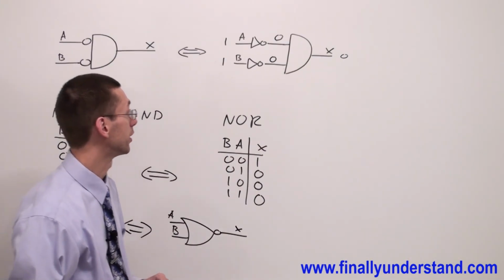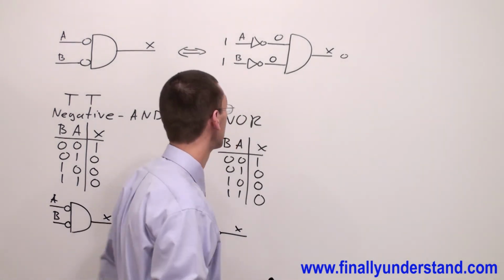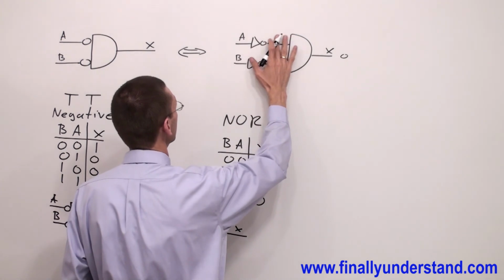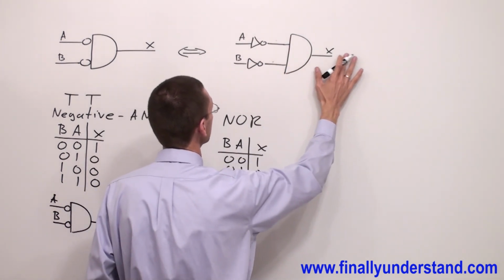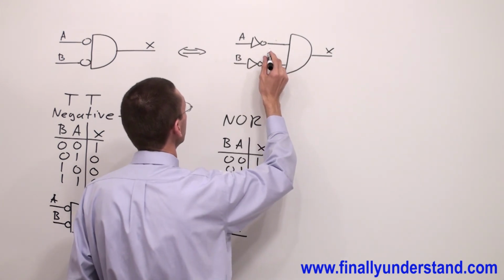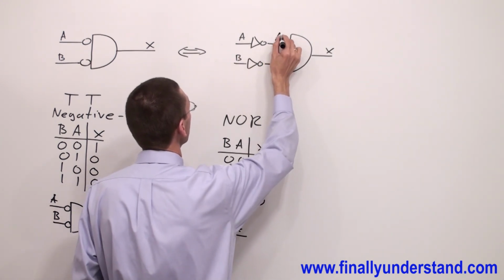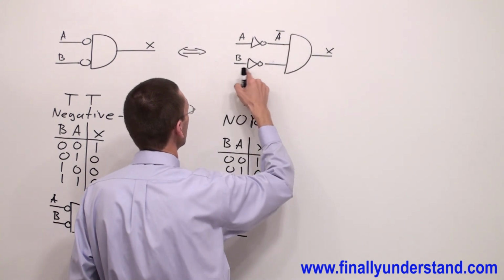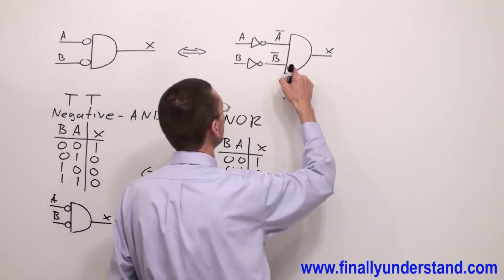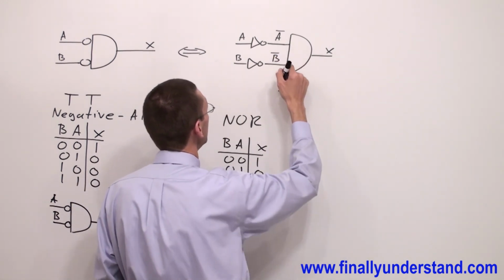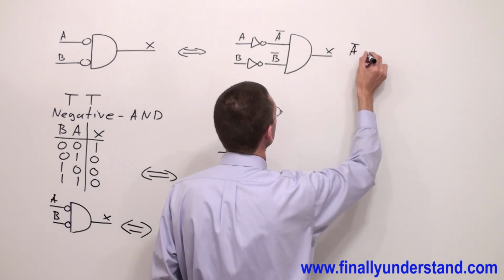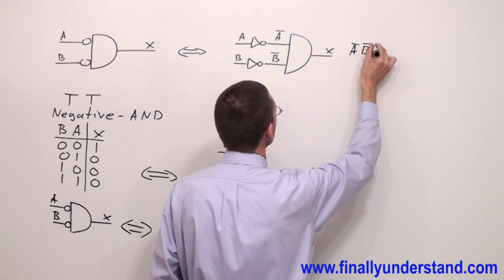If it comes to the logic expressions, we have to look again at this diagram. Okay, I have two inverters and AND gate. So at the output of the inverter, I'm going to have A node, and at the output of this inverter, I'm going to have B node. And if I'm going to multiply these two expressions, I'm going to have A node, B node.